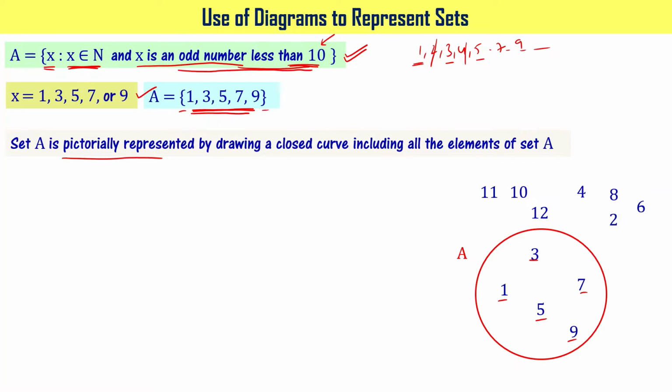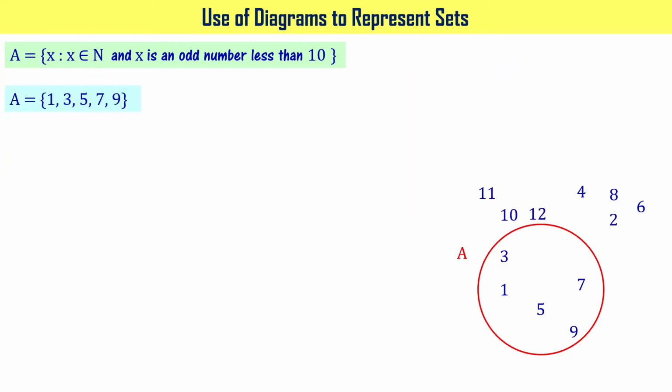Using the diagram, I am able to show set A. Till now, we have written sets in set builder form and roster form, right? Now we learn to pictorially represent the sets. Got it? Let's look at another set.